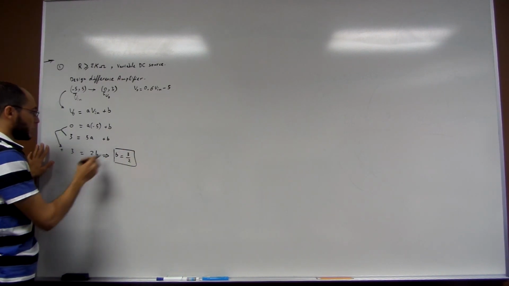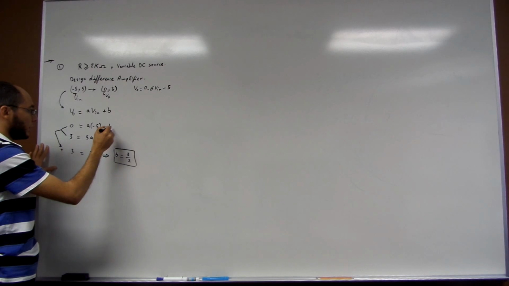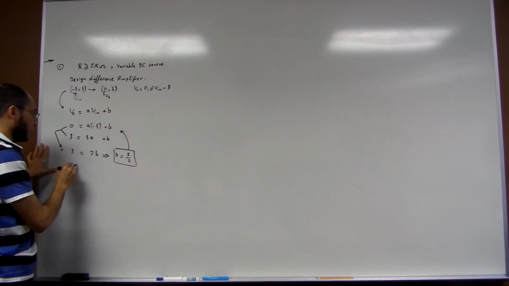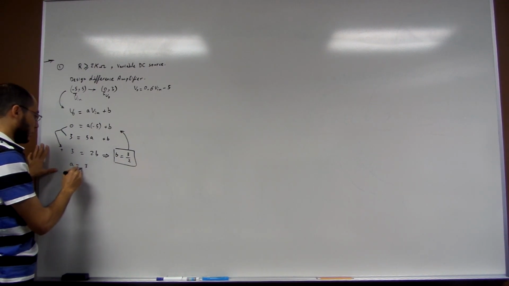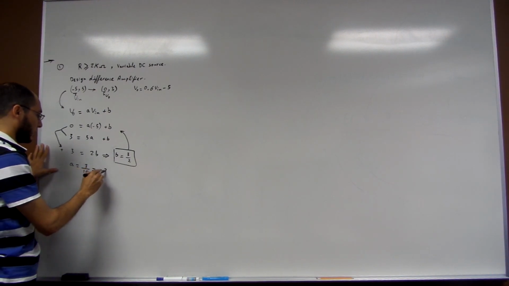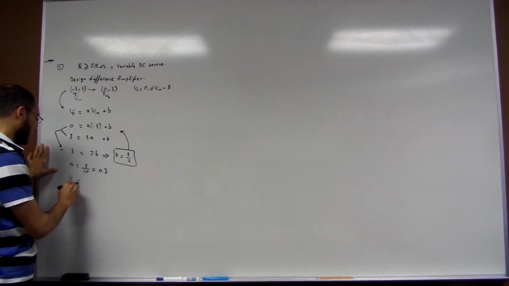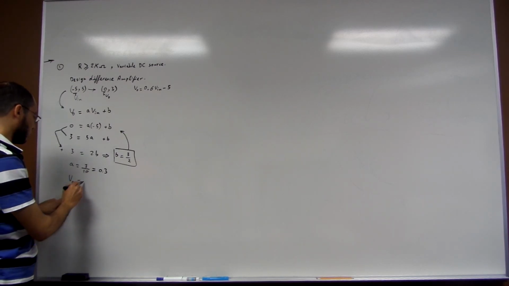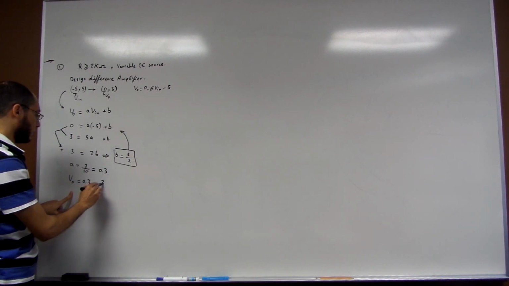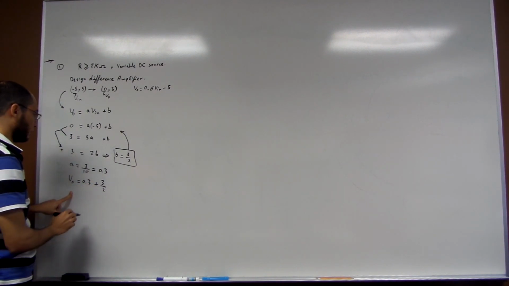Substitute B here and you get A equals 3 over 10, which is equal to 0.3. So the V output should be equal to 0.3 times V input plus 3 over 2.